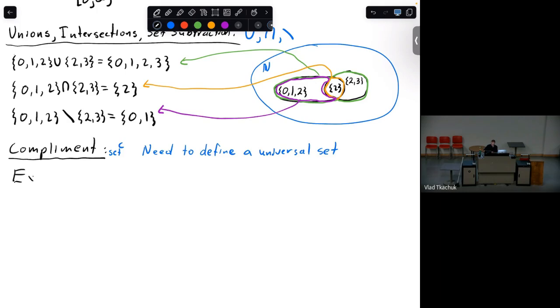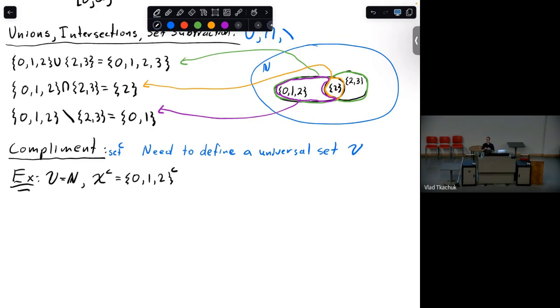The universal set is just like the space I'm working in. So I'm going to use this calligraphic U here. If my universal set is equal to the natural numbers, just like I've seen in that picture over here, this is the space I'm operating in, then the complement of some set, let's say this calligraphic X, which just to remind you is the same thing as 0, 1, 2, complement.